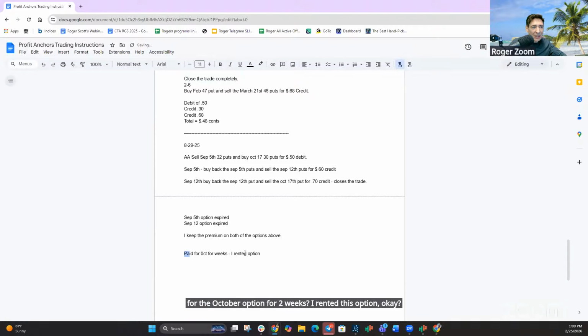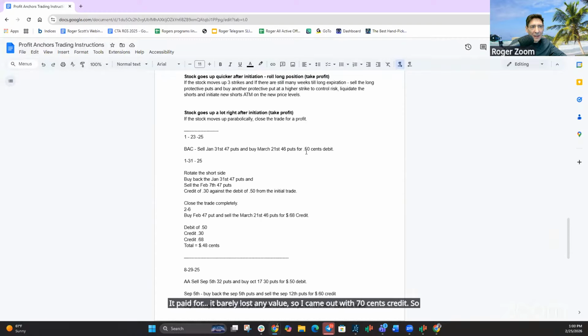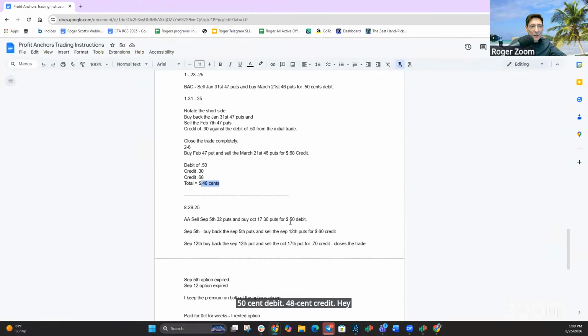I rented it, my security deposit. And now I gave my security deposit back. It barely lost any value. So I came out with 70 cents credit. So here, 50-cent debit, 70 cents credit.